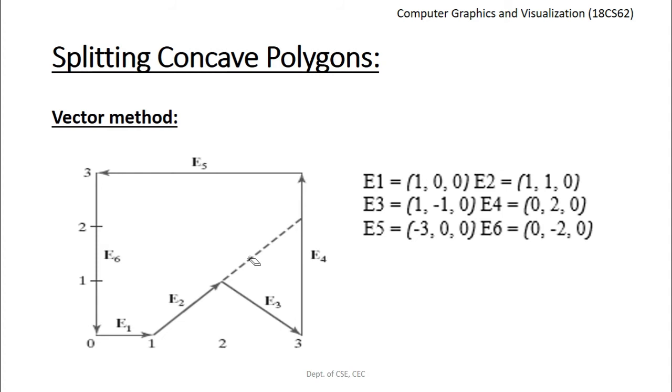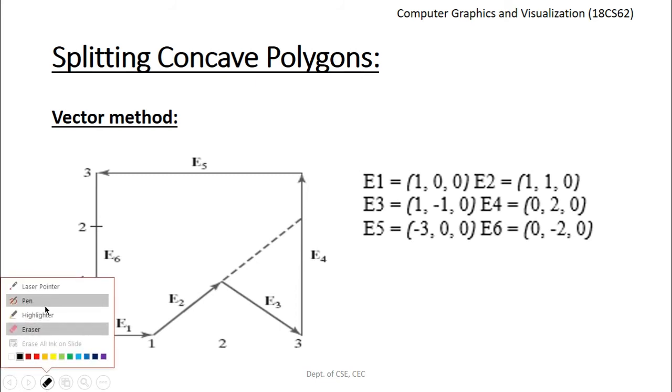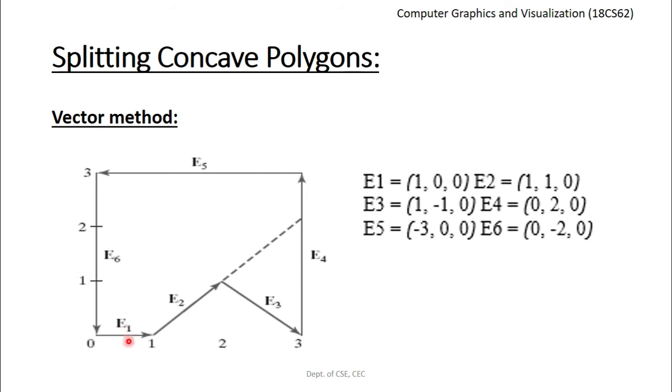So what they are telling us is, suppose I have a polygon something like this. How many edges do we have? Edge E1, E2, E3, E4, E5 and E6. These are the different polygon edges that we have. For every edge we need to find the vector representation. We need to define the edge vector for each of these edges.